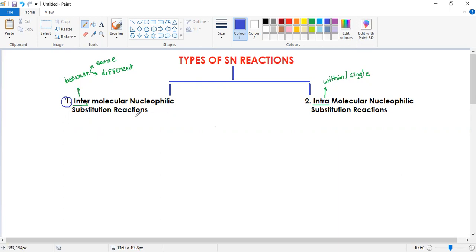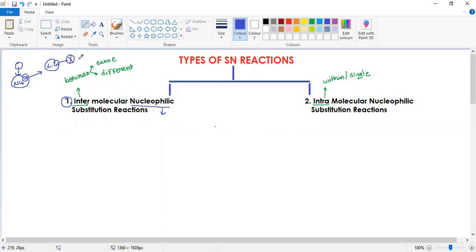Intermolecular nucleophilic substitution reactions. As I said, inter means what? That means the nucleophile of one molecule, where it is going to be displaced, this nucleophile is going to displace the leaving group of another molecule.